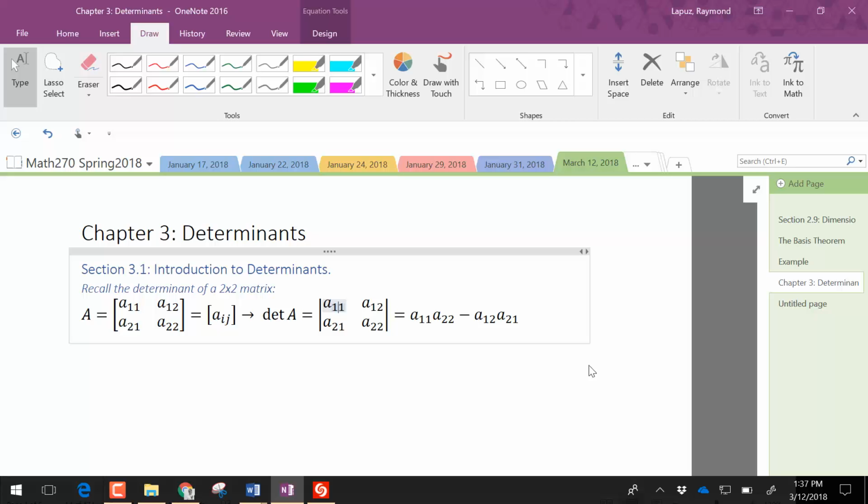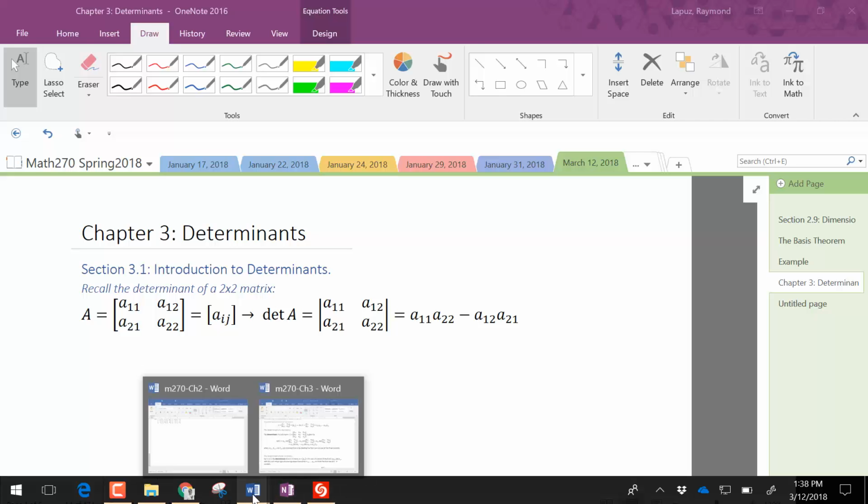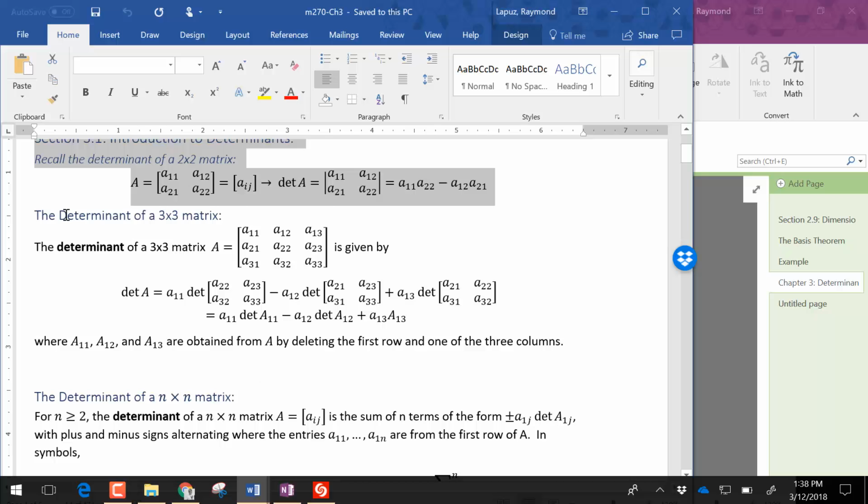So what we want to do is extend this to a 3 by 3 and a 4 by 4 and so on. They do an interesting activity in the book that I think is kind of interesting and neat, but tedious. So I'm not going to do it, but I'll point it out.